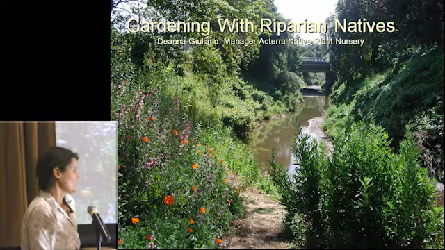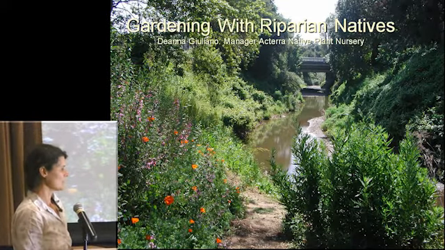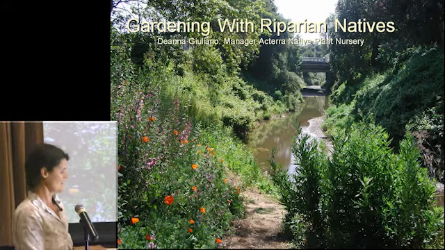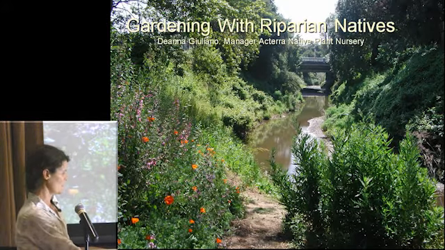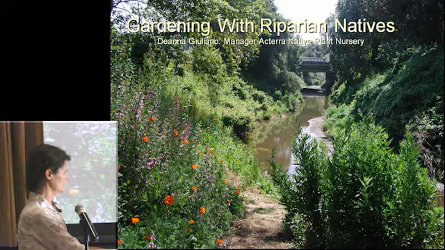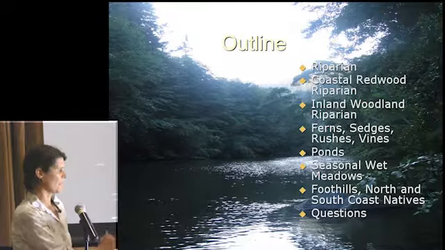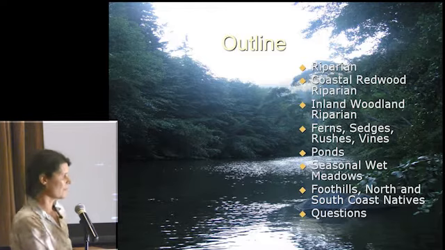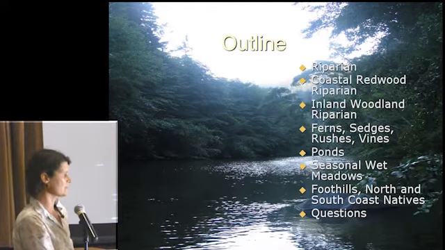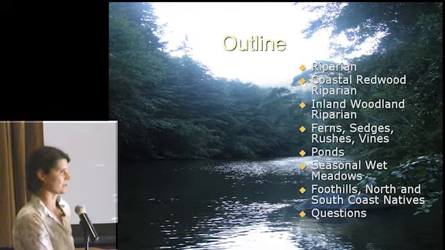Okay, so I'm going to be talking about riparian natives and kind of a quick overview. Let's see. It's my outline. So I'm just going to talk about what riparian means. And I've kind of divided it into a few sections.